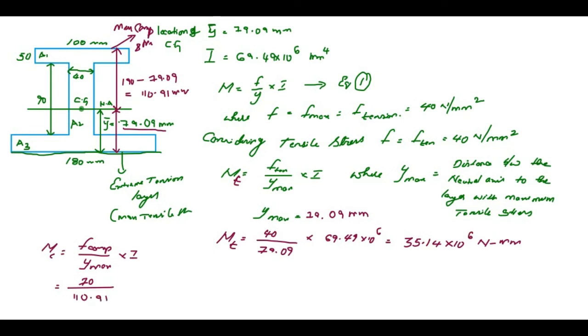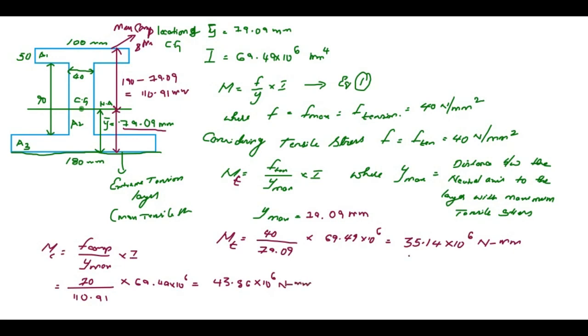And I is the same in both the cases, 69.49 into 10 to the power of 6, which would give you the value of 43.86 into 10 to the power of 6 Newton mm.